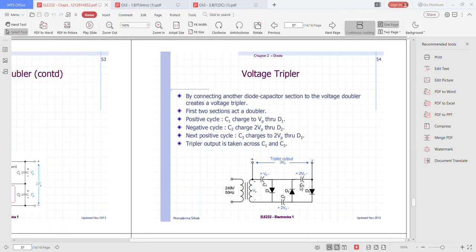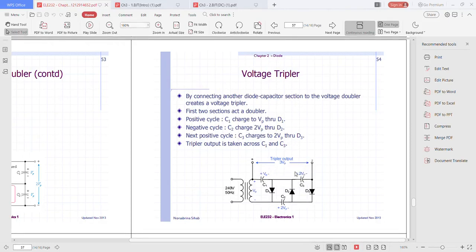So here, from this point to this point, you will get 2 Vp, 3 Vp. So this is the triple output that you can get.